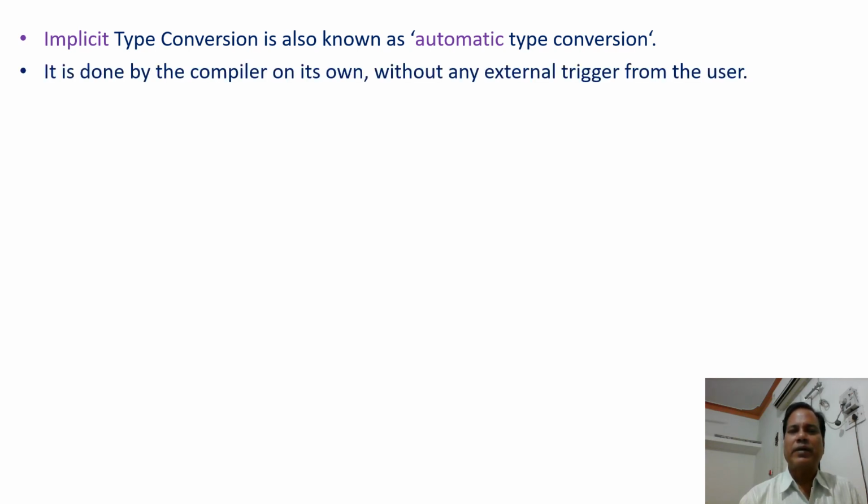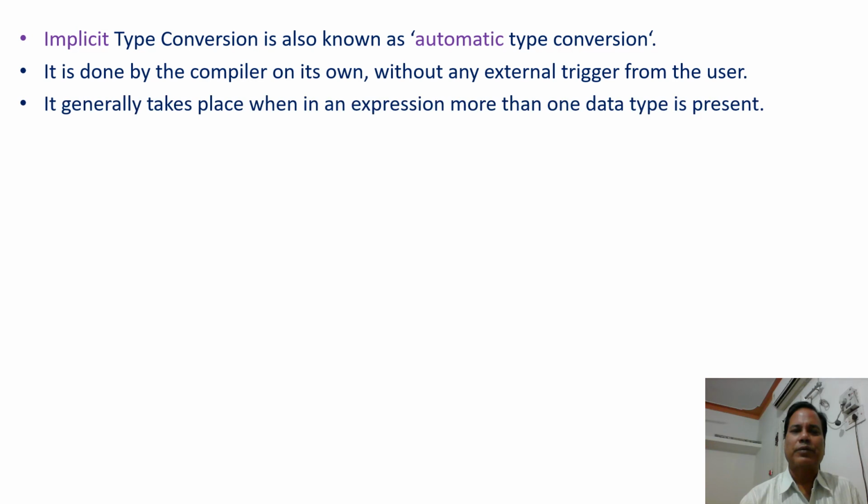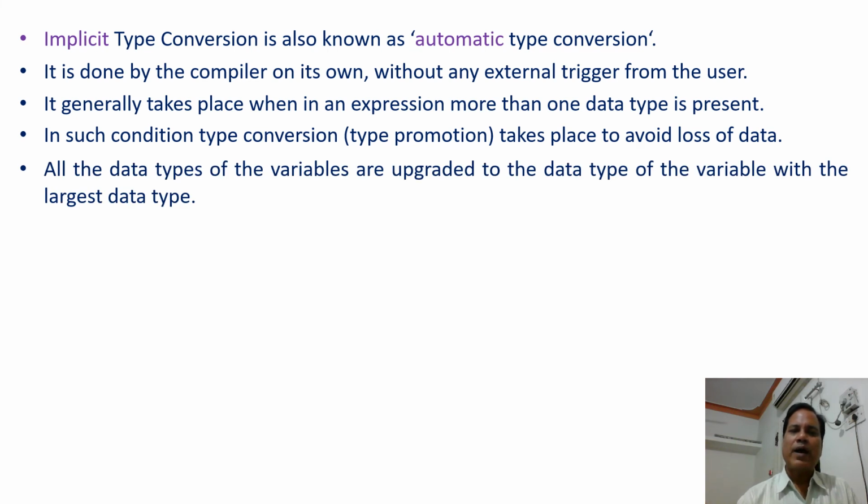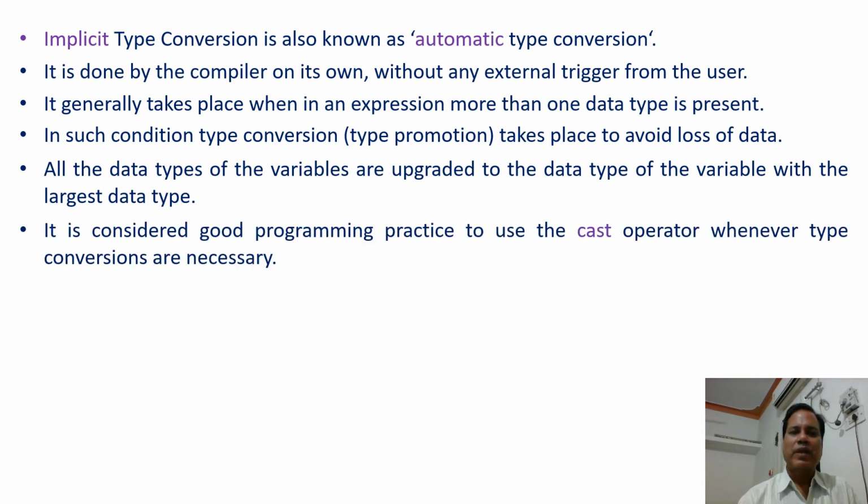It is done by the compiler on its own without any external trigger from the user. It generally takes place when more than one data type is present in an expression. In such a condition, type promotion takes place to avoid loss of data. All the data types of the variables are upgraded to the data type of the variable with the largest data type. It is considered good programming practice to use the cast operator whenever type conversions are necessary.